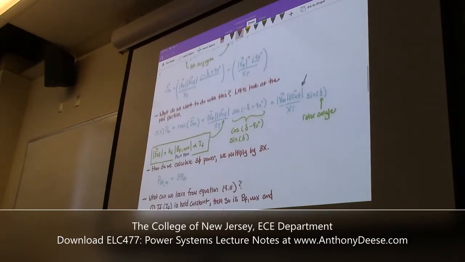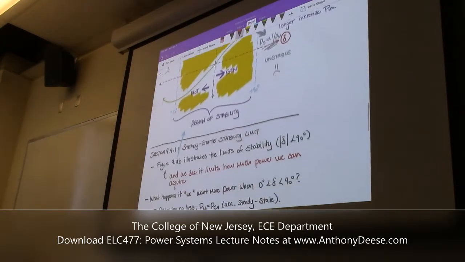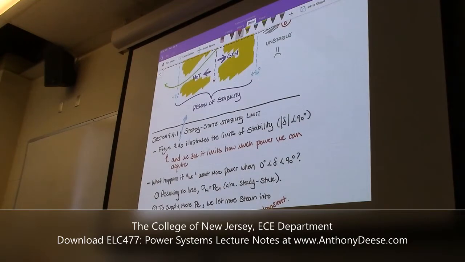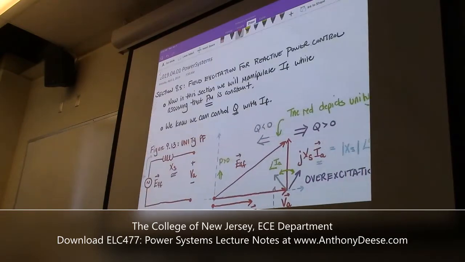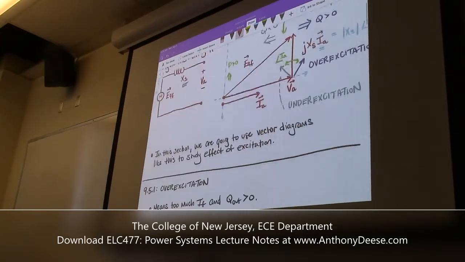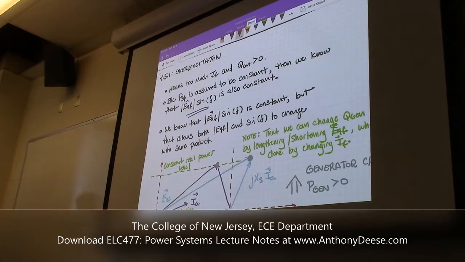For that analysis of power output, we were assuming that IF, the field excitation, was staying constant. And then section 9.5, which dealt with field excitation for reactive power control. During that section, we were assuming that the mechanical power in was staying the same.